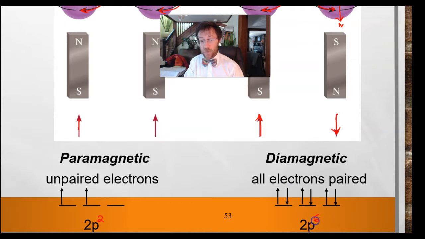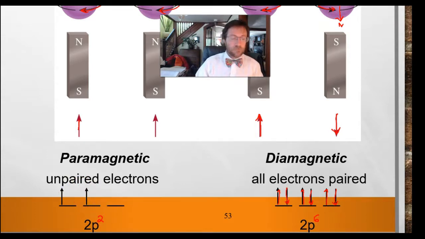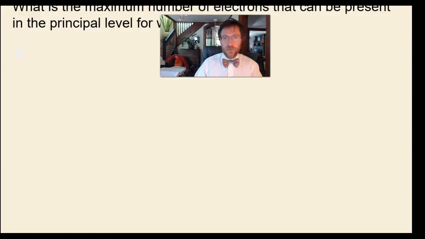This is with the p orbital fully filled, because we would have gone first 1, then 2, then 3, all by themselves. Then we start doubling up 4, 5, 6. So this electron configuration has zero magnetic field, no magnetic properties. This one is going to have some magnetic properties. Dig? That's where that comes from.